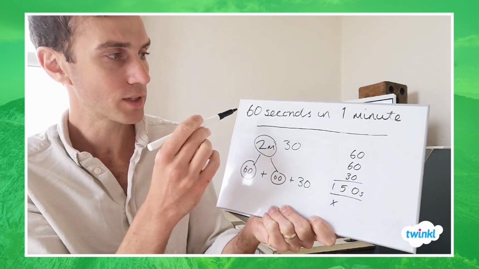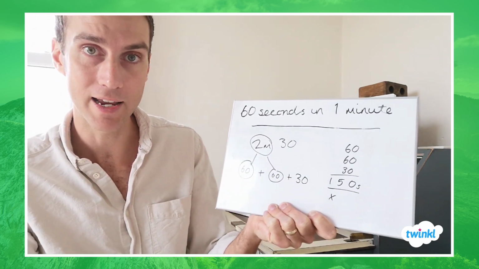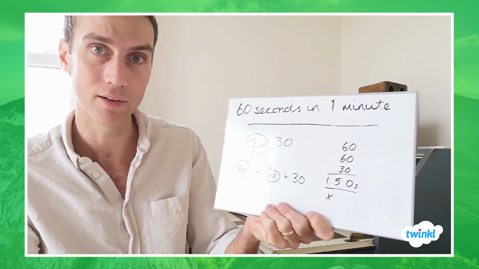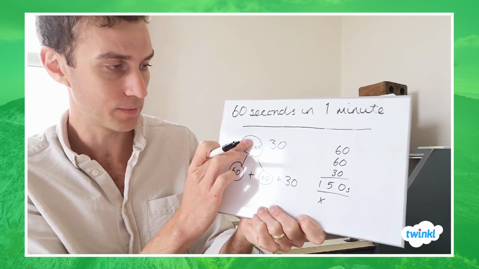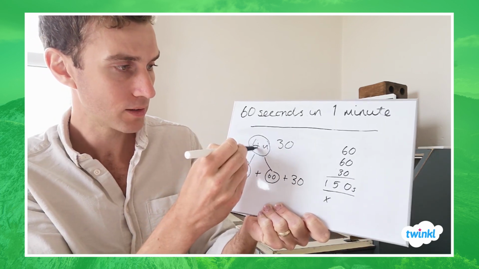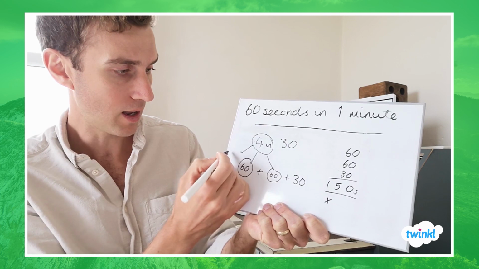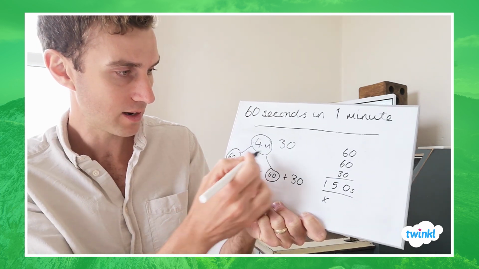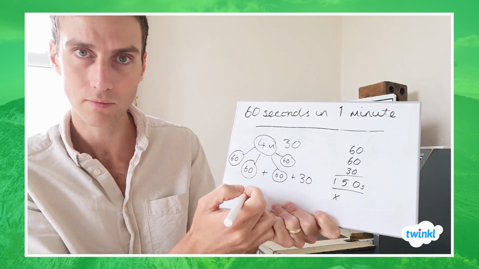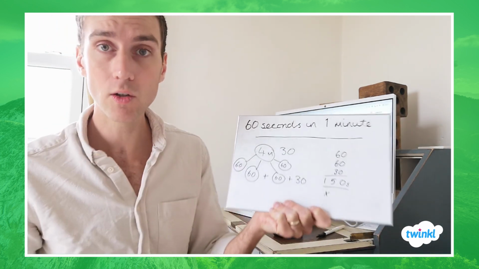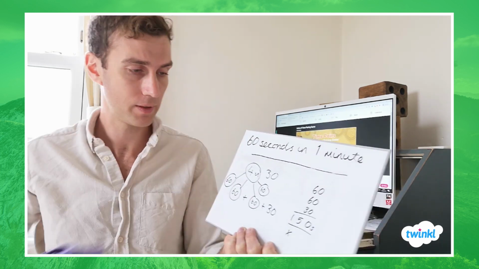Remember, if you're set a problem about how many seconds are in a minute, you've got to start by working out how many lots of 60. If that was 4 minutes and 30 seconds, well, I'd need another 60 and then a fourth 60. Of course, we can use multiplication to help us as well.